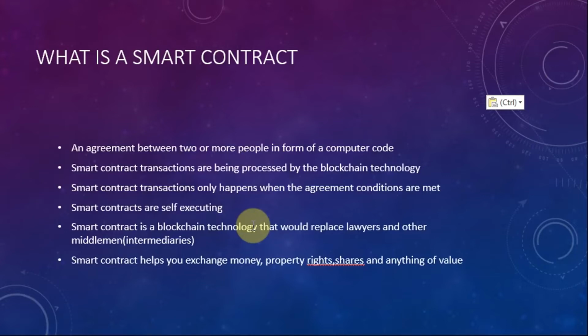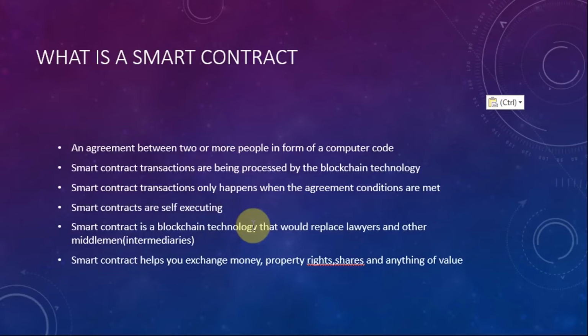So what you feed in is what you will get. Because of the immutability of the blockchain, and the fact that the blockchain is permanently secured, smart contract transactions can be trusted by people.